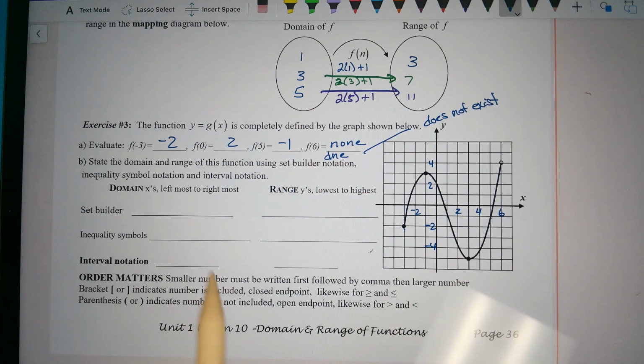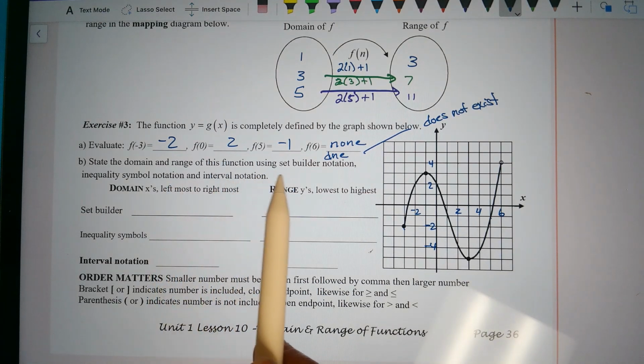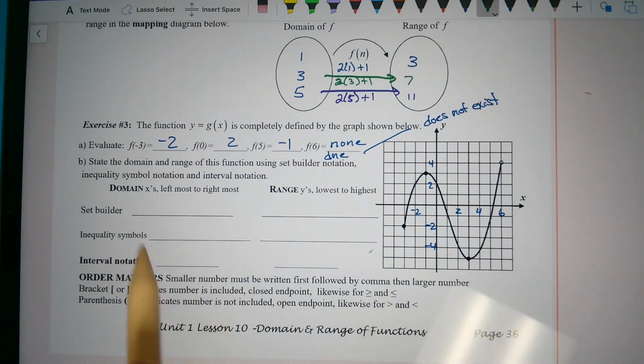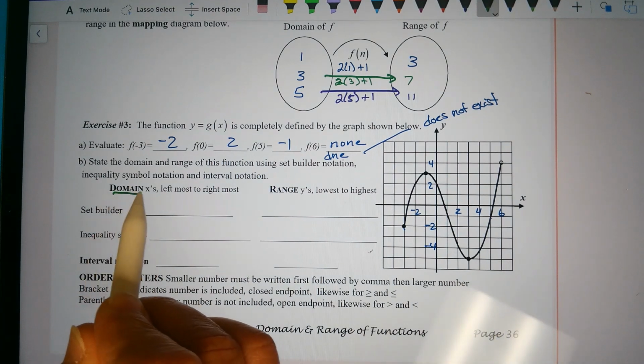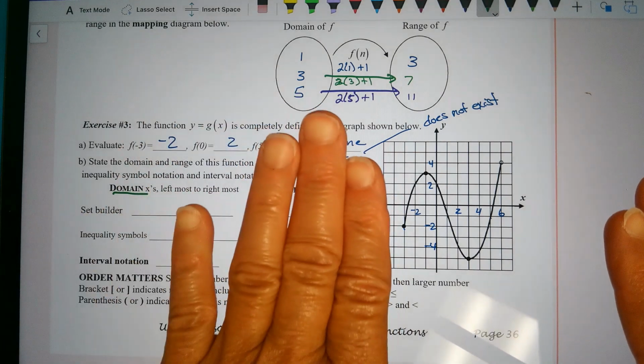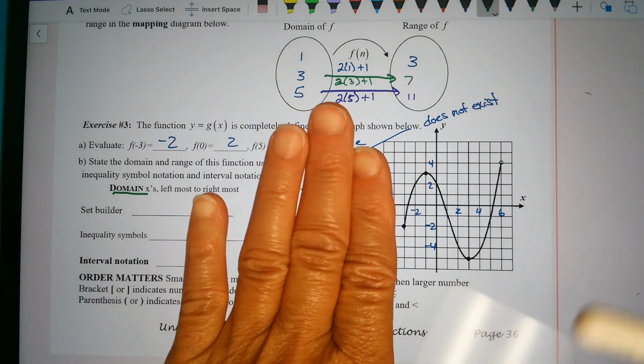State the domain and range of this function using set builder notation, inequality symbol notation, and interval notation. Domain first is the x's, leftmost to rightmost. So what you want to do is take your fingers, go to the leftmost point, and then the rightmost.